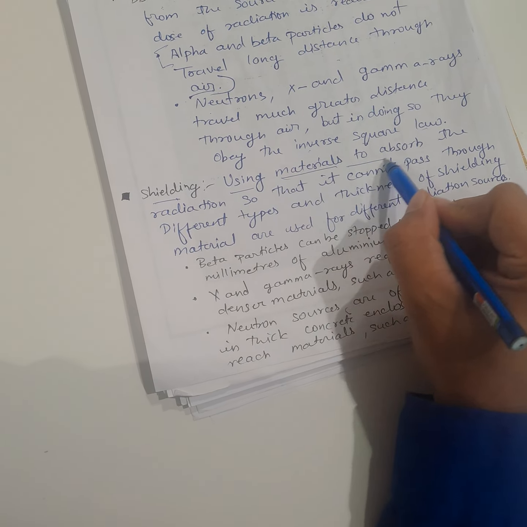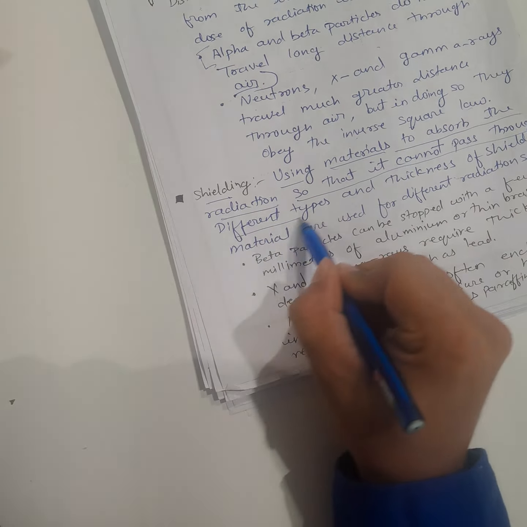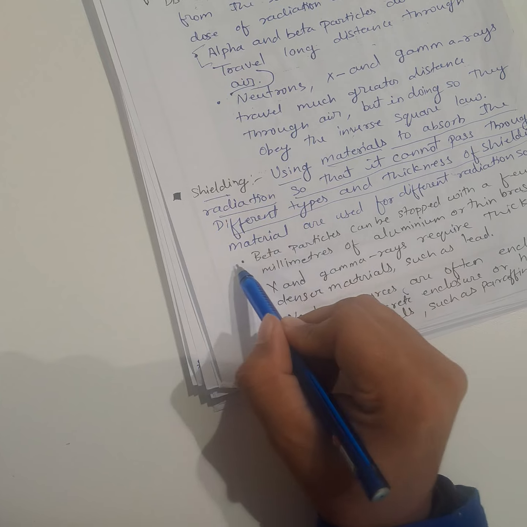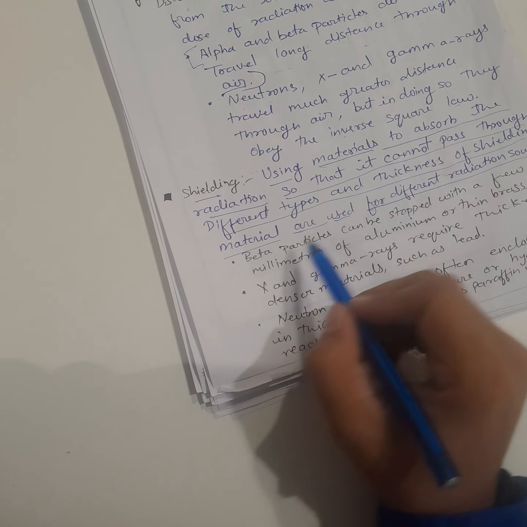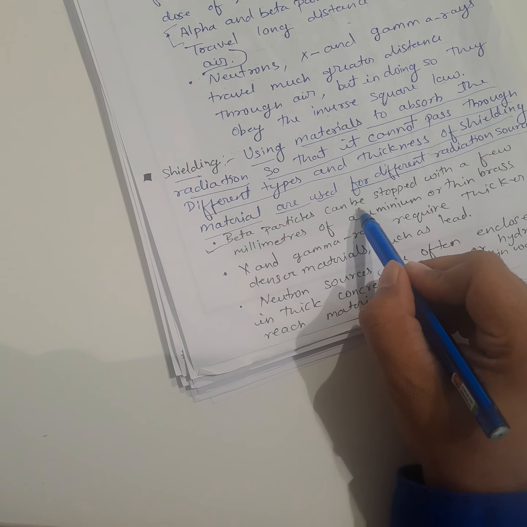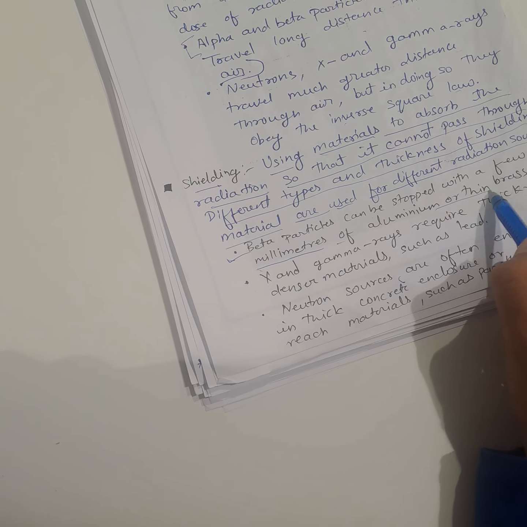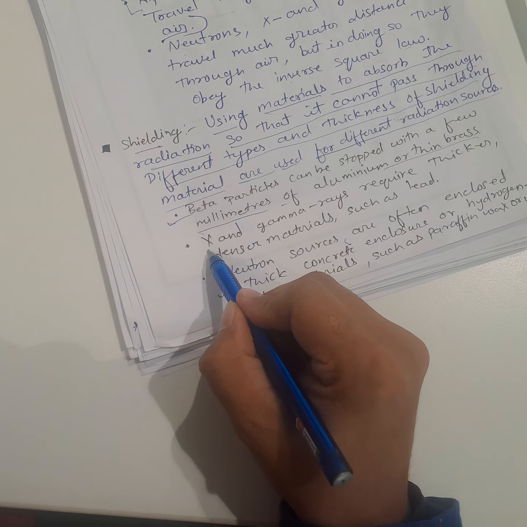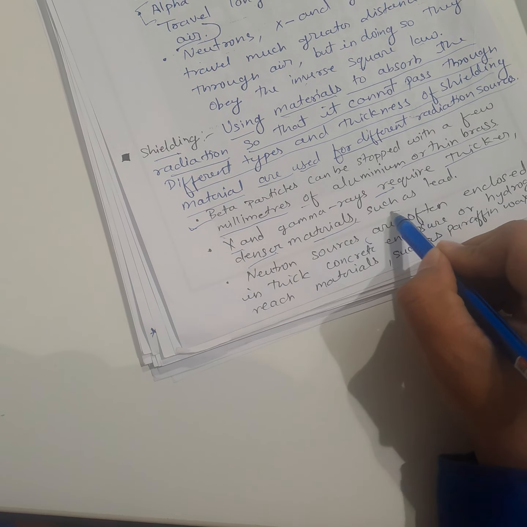The third example is shielding: using materials to absorb the radiation so that it cannot pass through. Different types and thicknesses of shielding materials are used for different radiation sources. Beta particles can be stopped with a few millimeters of aluminum or thin brass. X-rays and gamma rays require thicker, dense materials such as lead.